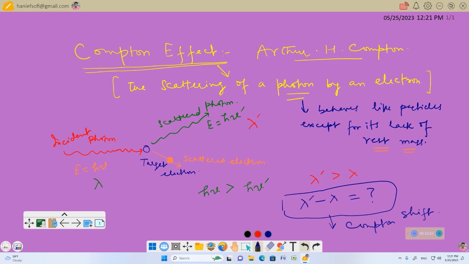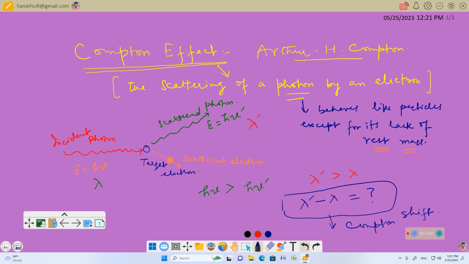In the process, energy is lost, and that lost energy is taken by the scattered electron. The wavelength of the scattered photon is greater than the wavelength of the incident photon, and that change in the wavelength is called Compton shift.